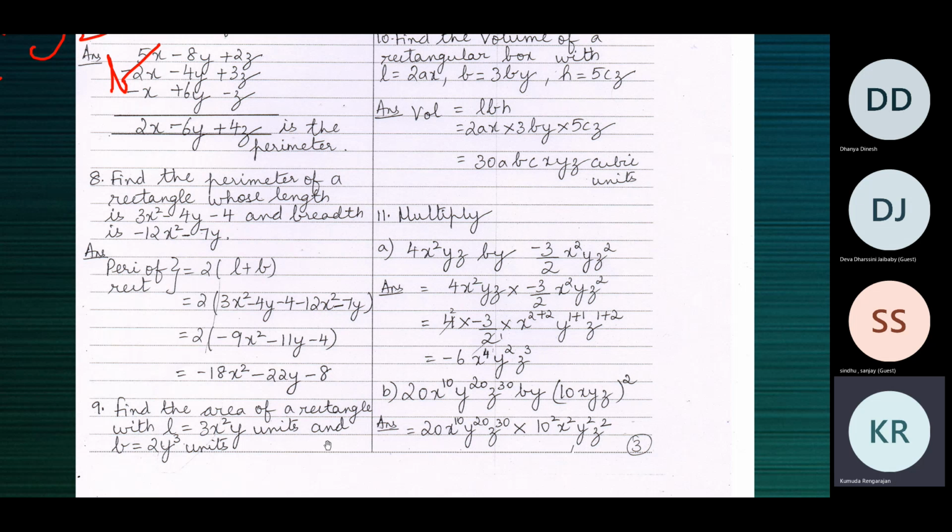Tell me the answer for the ninth one. Find the area. In 8, we had to find the perimeter. In 9, area.